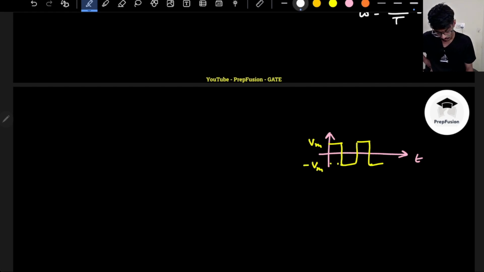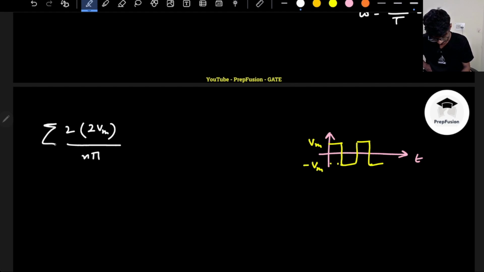2 into peak to peak, what is the peak to peak distance? 2 Vm. Peak to peak distance is the 2 Vm. So this will be 2 Vm, and of course I have to multiply extra 2 divide by n pi summation n equals to 1 3 5 to infinity sine n omega t.